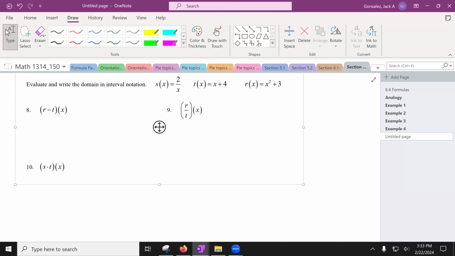You can add 4 to anything, right? So the domain could be anything. If you graphed it, you would see it hits the line. The parabola hits everything. If you graphed it, you would see it. Also, you can square whatever you want. You can add 3 to anything. Doesn't matter. So the domain for these two is all real numbers.